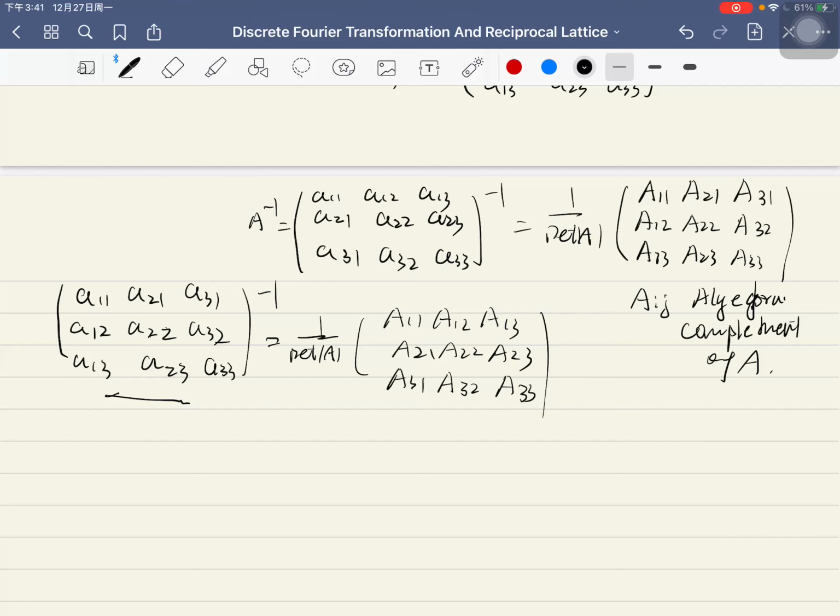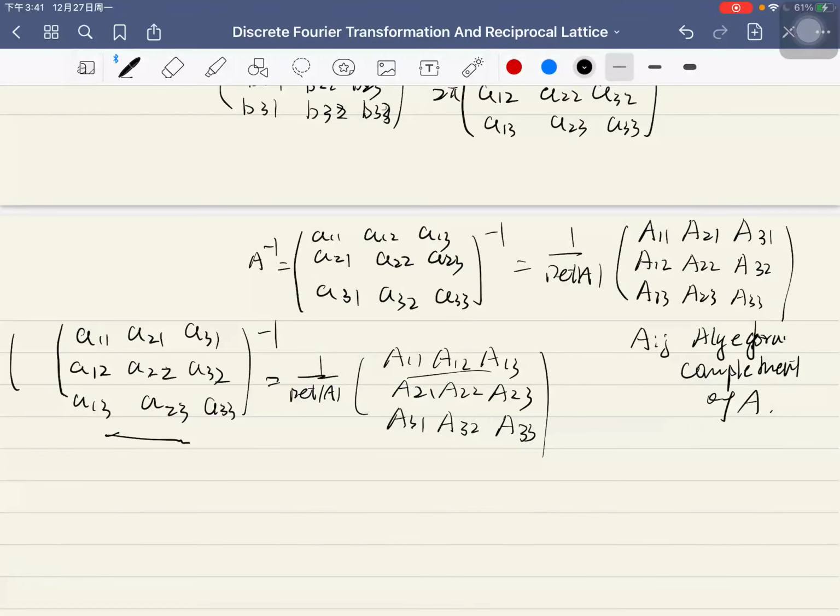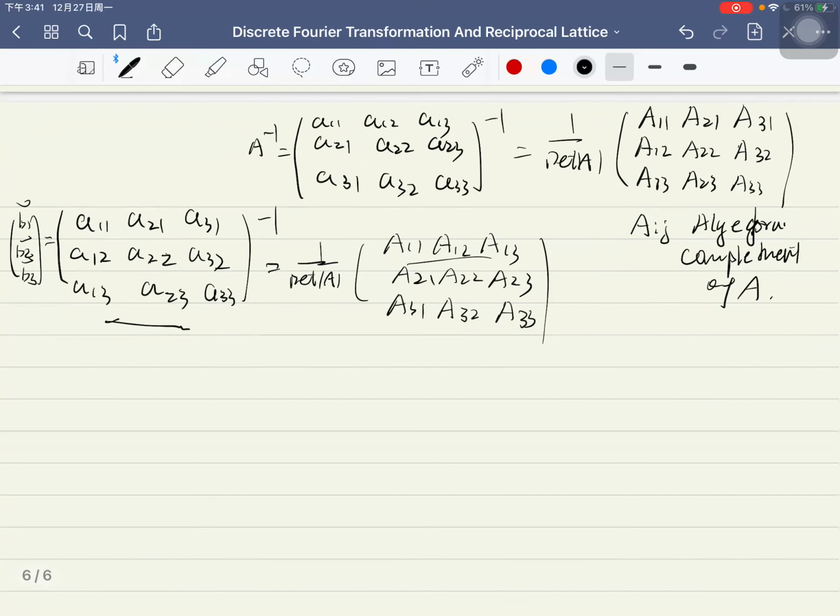So here B equals B1, B2, B3, and we can check that it equals 2 pi over determinant A times A11, A12, A13.